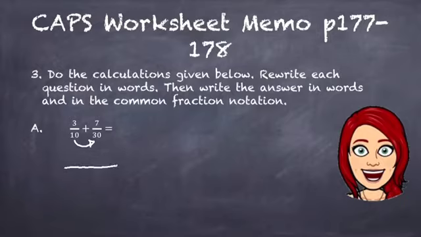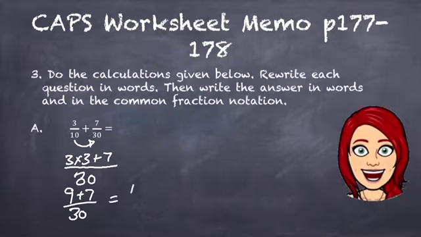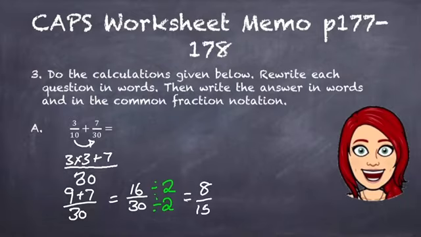What you do to the bottom, you do to the top. 3 times 3 plus 7 over 30. That's 9 plus 7 over 30, and that gives you 16 over 30. Here I can simplify by dividing by 2, and that gives me 8 over 15. This cannot be simplified any further.